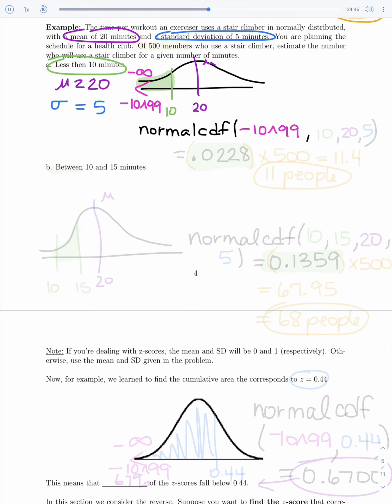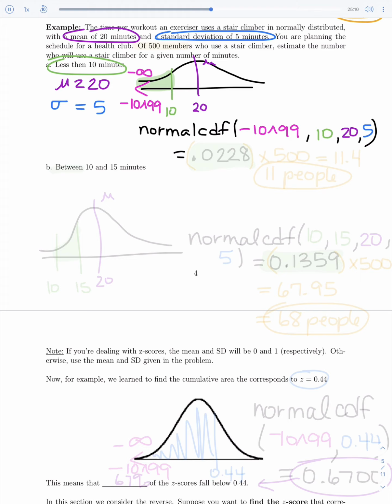Now our area stops at 10. Remember, that is not a z-value, so I need to give it a little bit of extra information. I need to give the mean, which was 20, and the standard deviation, which was 5. Close that off, and let's see what our calculator tells us.